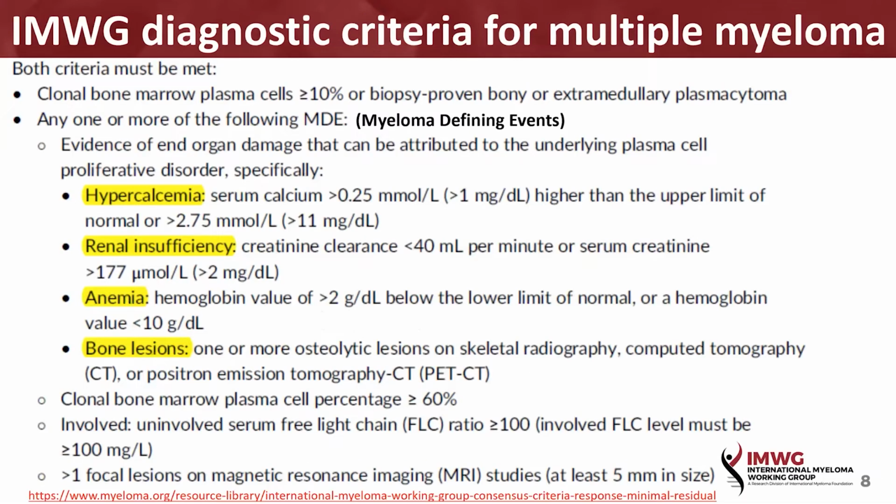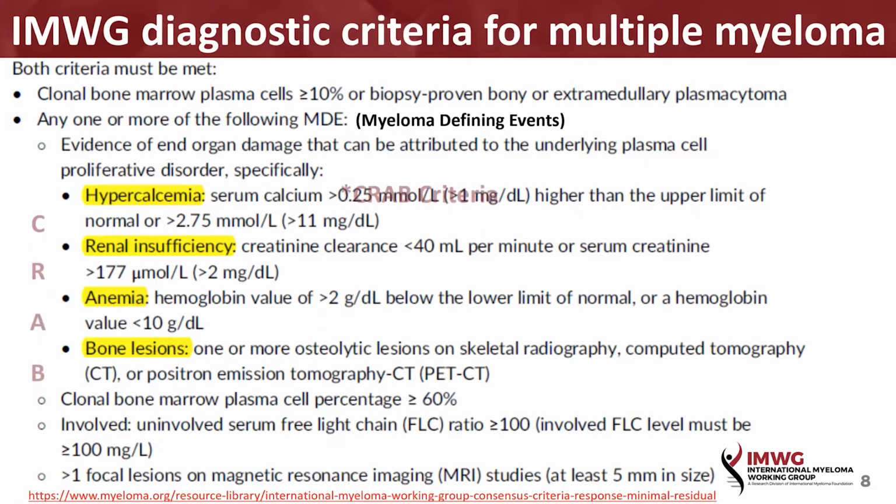Another thing is to look at what we call diagnostic criteria, just to make sure of the diagnosis of the myeloma and the staging of the myeloma. In the old days, we used abnormal testing in bone and kidney, and anemia and hypercalcemia.